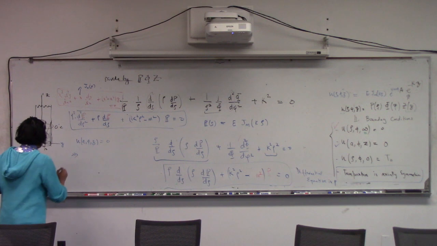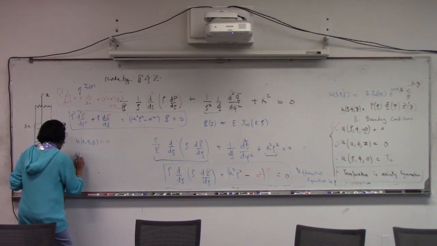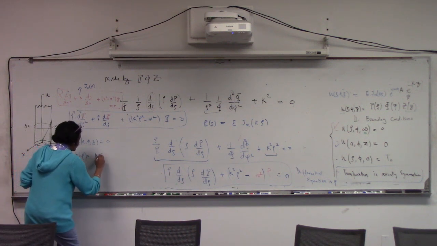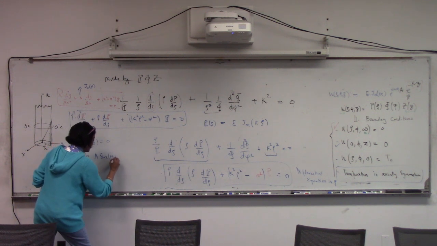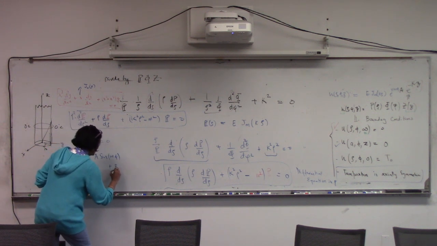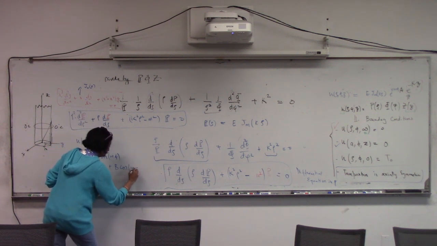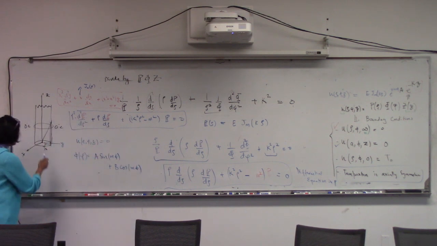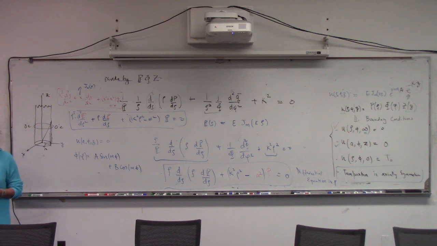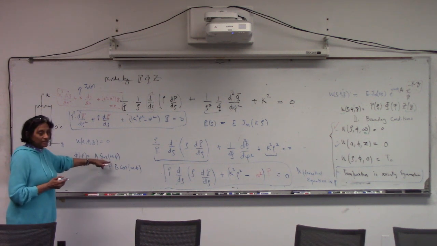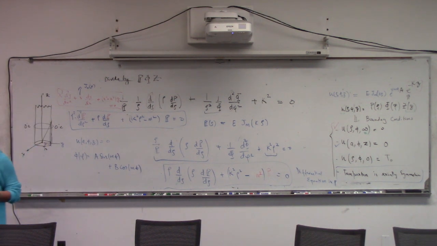So this solution is not changing as you change phi, the temperature is not changing. How is that possible? Under what condition will that be true? So I'm going to get a condition on m based on that boundary condition. How is that possible?